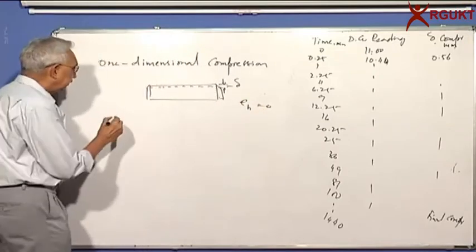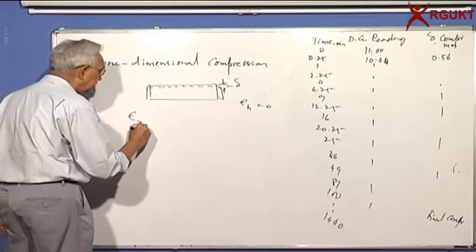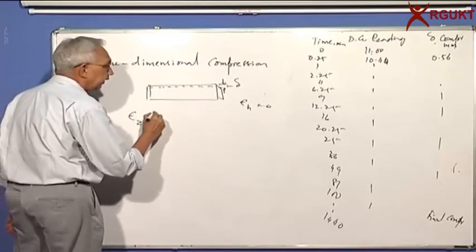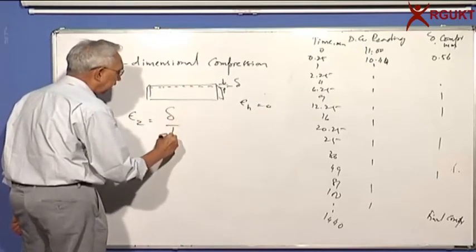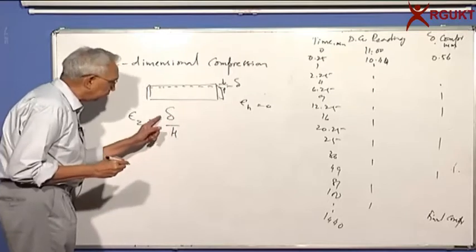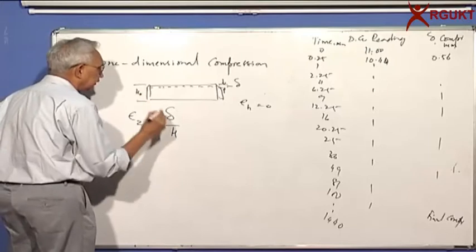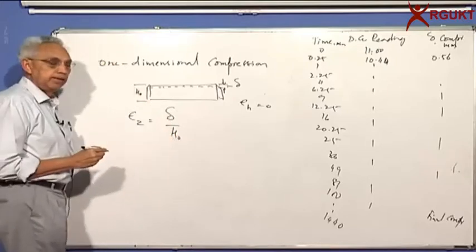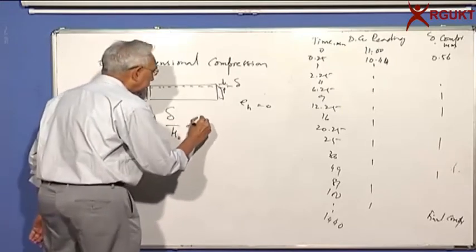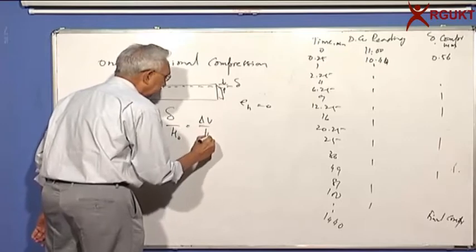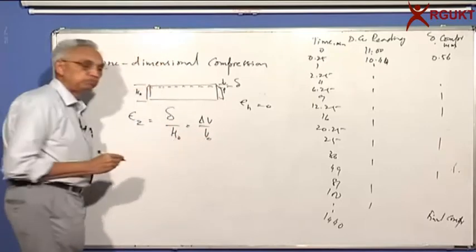So when I look at it, epsilon in the z direction is say delta by h. Delta is the compression, h is the initial thickness, or let's say we call it h naught. It is also equal to change in volume by initial volume, or V naught.